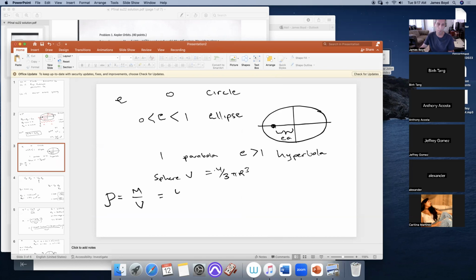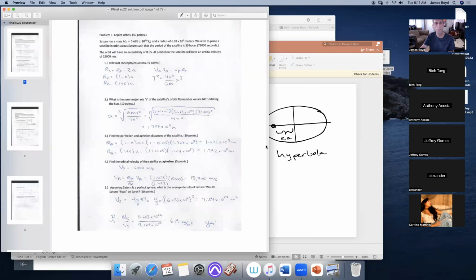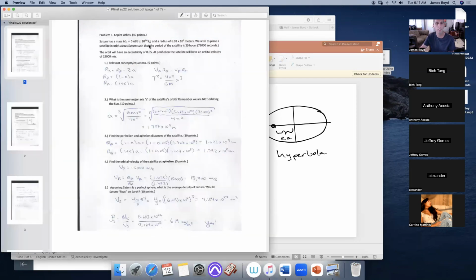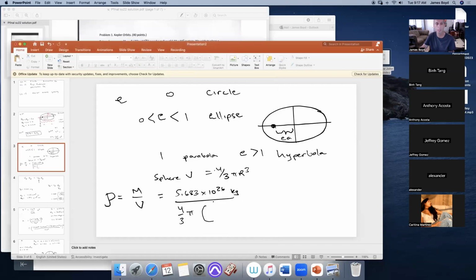Now, if we plug in the mass of Saturn, 5.683 times 10 to the 26 kilograms, and the volume, 4/3 pi, with the radius given as 6.03 times 10 to the 7th, and you cube that, you'll see that this density ends up being somewhere around 600 kilograms per meter cubed.